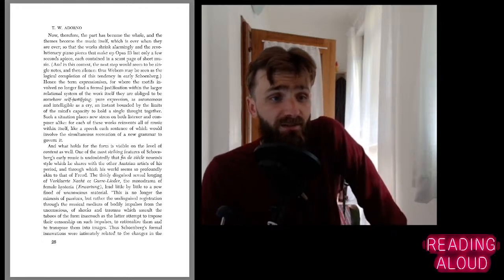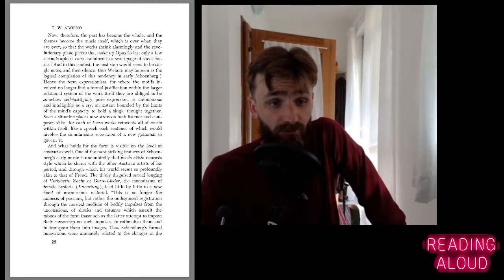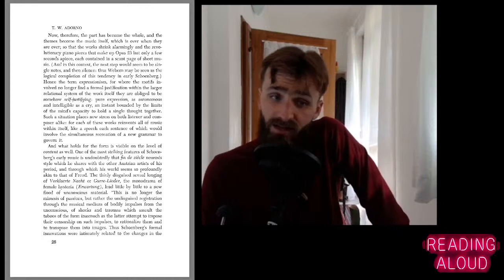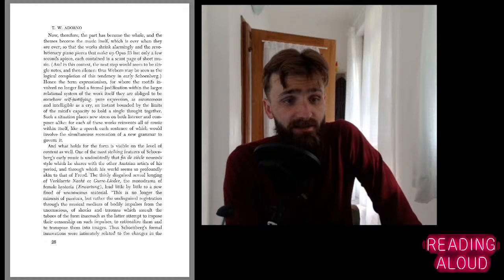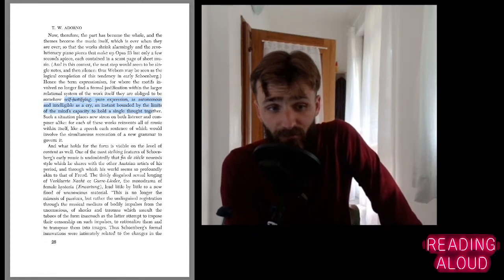Hence the term expressionism, for where the motifs involved no longer find a formal justification within the larger relational system of the work itself, they are obliged to be somehow self-justifying, pure expression, as autonomous and intelligible as a cry, an instant bounded by the limits of the mind's capacity to hold a single thought together.